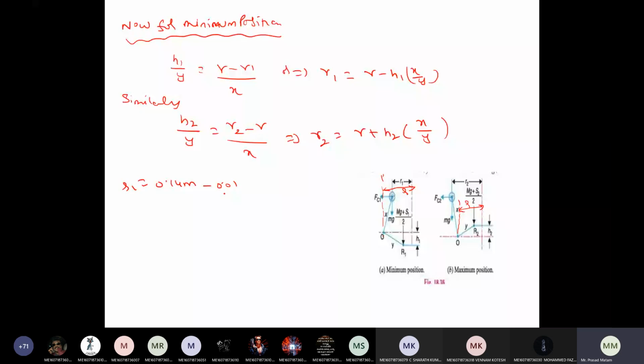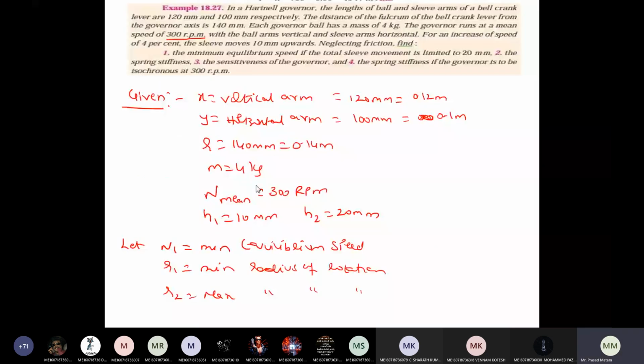What is x in this problem? x is equal to 120, y is equal to 100 mm.